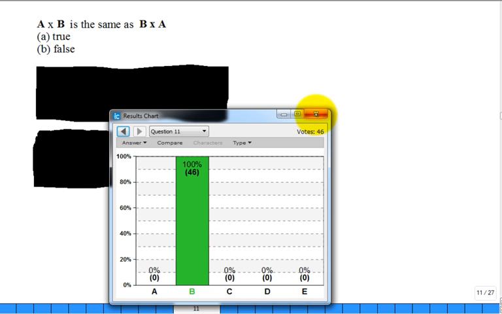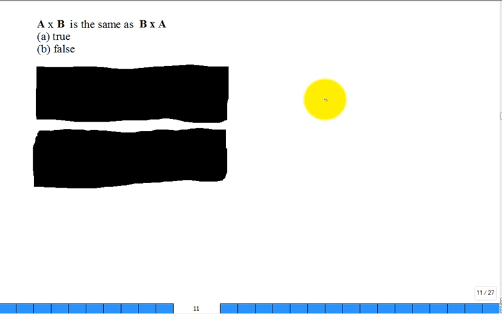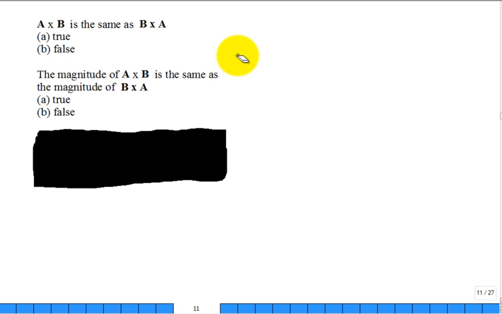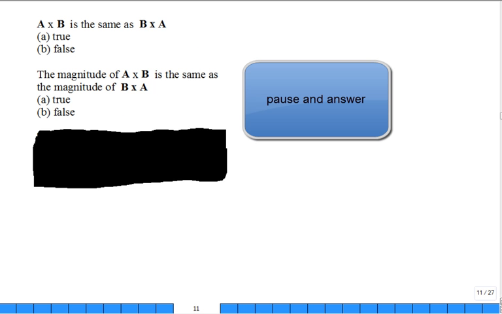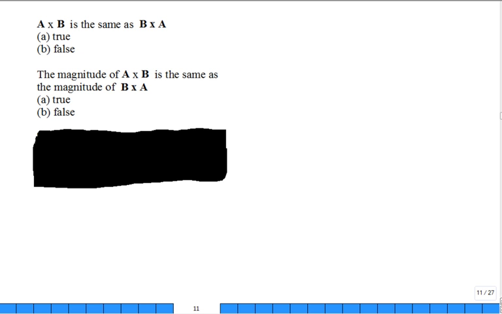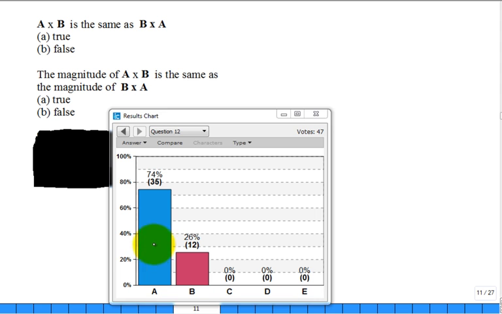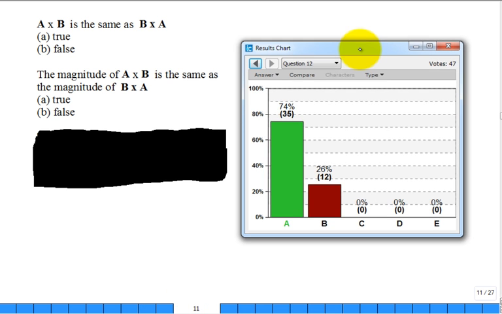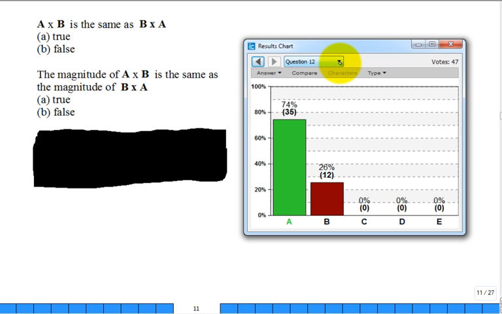They're different, aren't they? So the magnitude of A cross B, is that the same as the magnitude of B cross A? All right. So the magnitudes are the same. It's the direction which is the change.